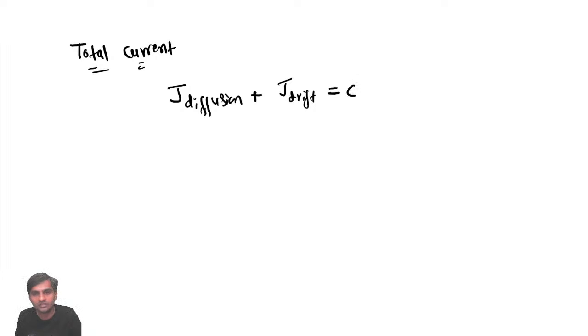This is going to be 0. Why 0, sir? Because diffusion current is in this direction and drift current is in the opposite direction. So the total current in an open circuited junction is 0.